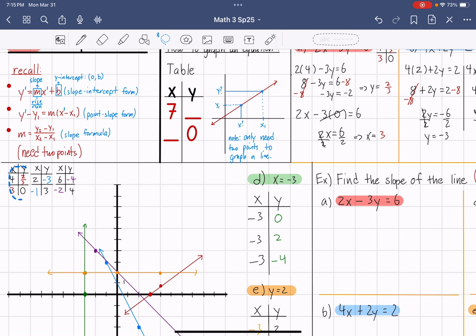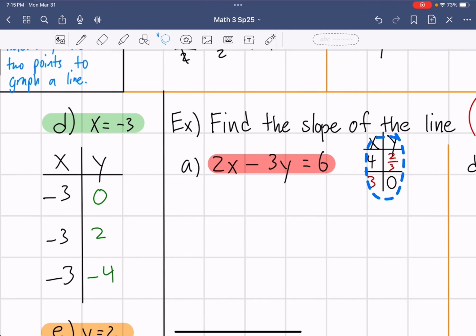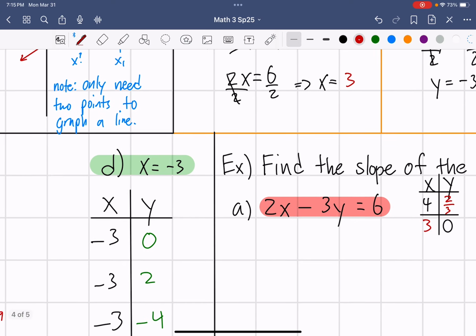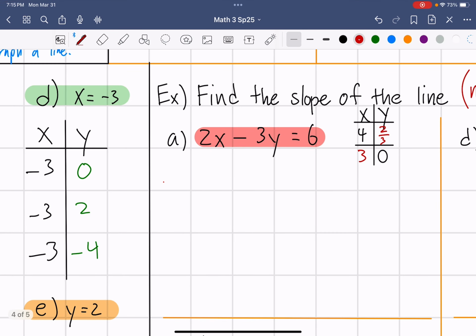So I know for that first example, I'm going to move this onto this side because those are the points that we got. Now let's try finding the slope formula.